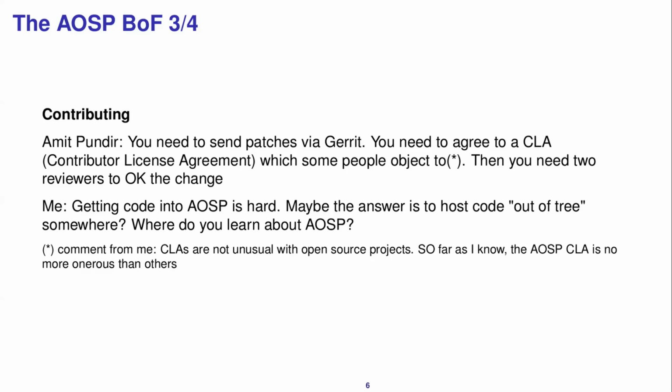The bigger obstacle is that if you want to upstream stuff, you need to get 2 reviewers from Google, basically, to OK your change before it can get accepted upstream. And that is the hard bit. Somebody mentioned that some parts of AOSP are easier to upstream.